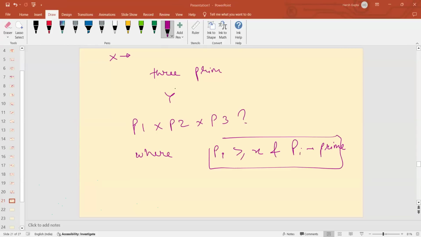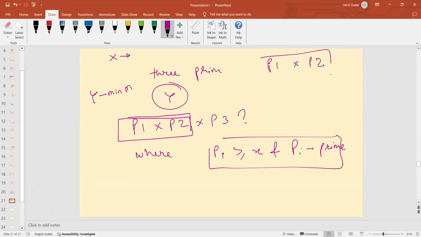We should not do this. Why? Because we want our y to be minimum. Even if we take only two prime numbers, p1 and p2, and simply multiply them, since p1 is greater than or equal to x and p2 is also greater than or equal to x, my y will definitely be greater than x. Why should I multiply another prime factor and make this y larger?